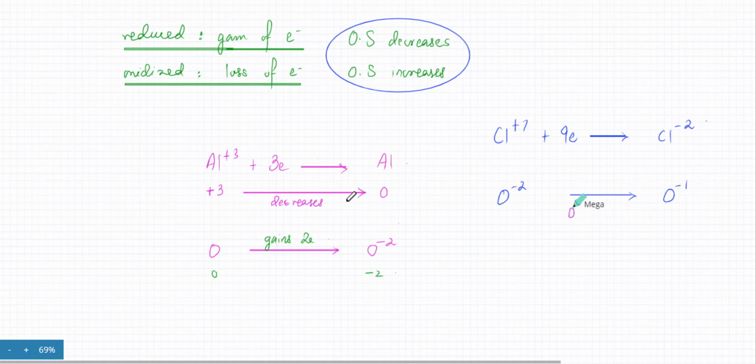So when oxidation state increases, that means you're losing electrons. So that lost one electron, right? On top, the oxidation state was decreasing, right? So decrease means reduction. It means it gained electrons, gained 9 electrons.